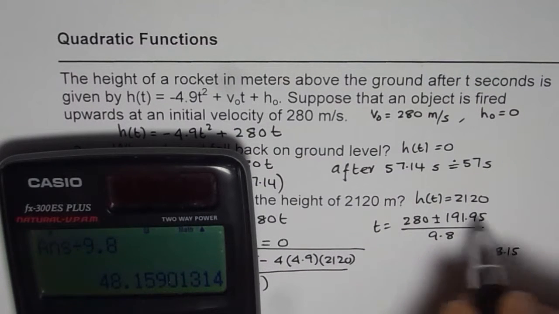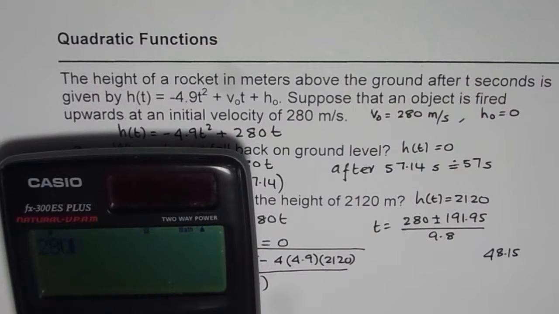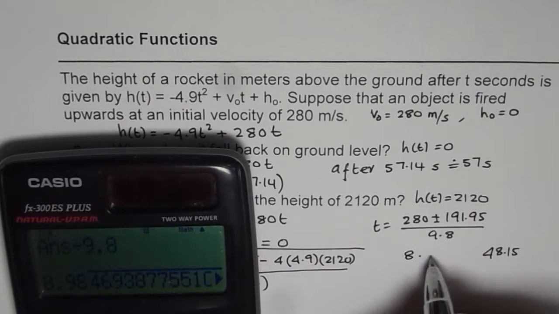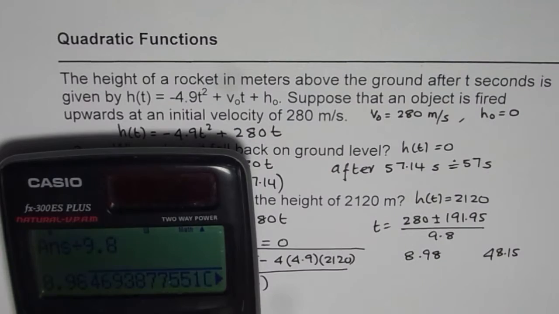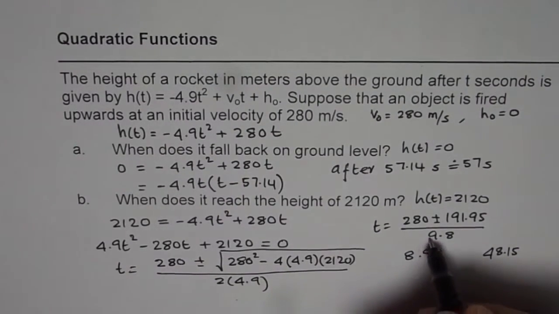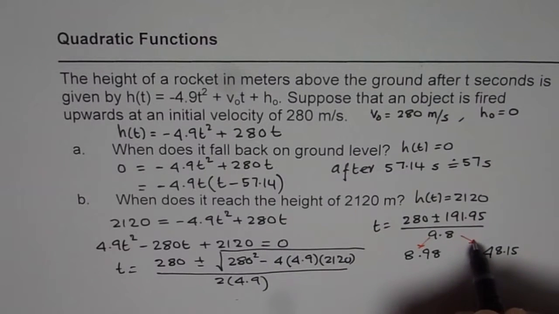And when we subtract, we get 280 minus 191.95 divided by 9.8, which gives us in decimals 8.98 seconds. So these are two possible answers using the negative and positive values.